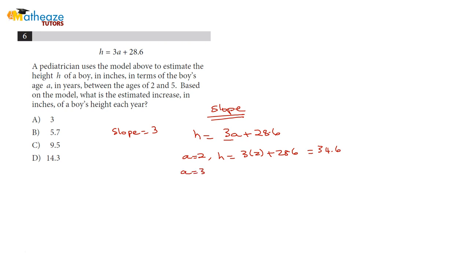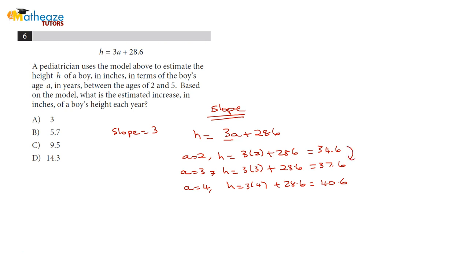A equal to 3, so h is going to be 3 times 3 plus 28.6, which is going to give us 37.6. A equal to 4, so h is 3 times 4 plus 28.6, which is 40.6.